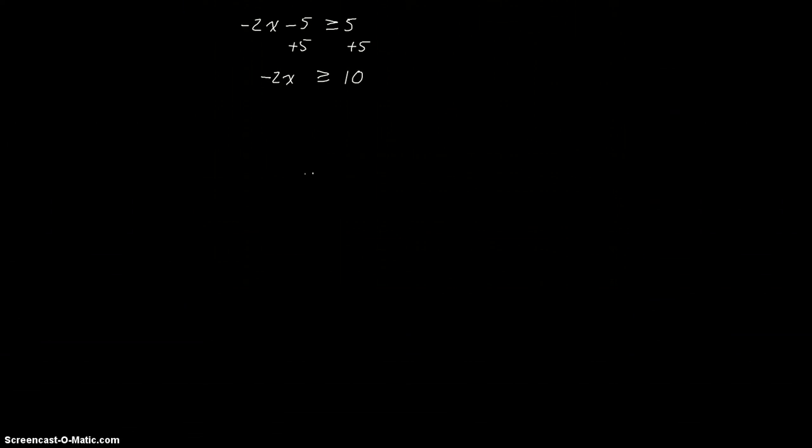Now, I'm going to take both sides and divide by -2. As soon as I do that, by the way, dividing by -2 is the same as multiplying by -1/2.